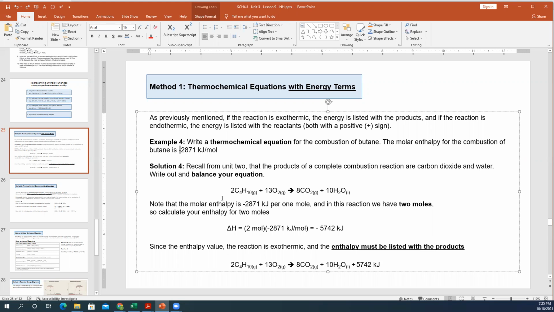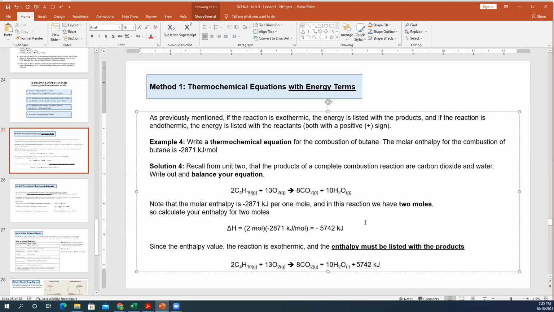So if you remember from our previous unit, unit 2, that when you have a complete combustion reaction, the products of that reaction are, what are they? They are carbon dioxide and water vapor. Actually, let me correct this. This should be water vapor.